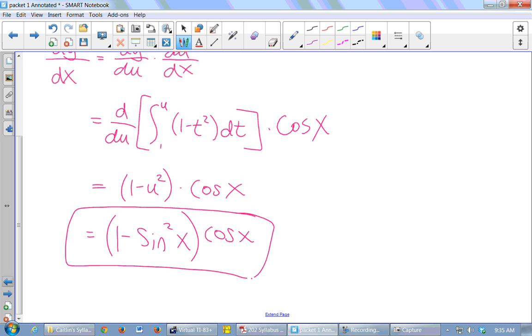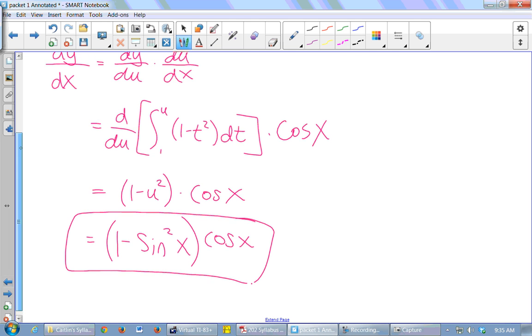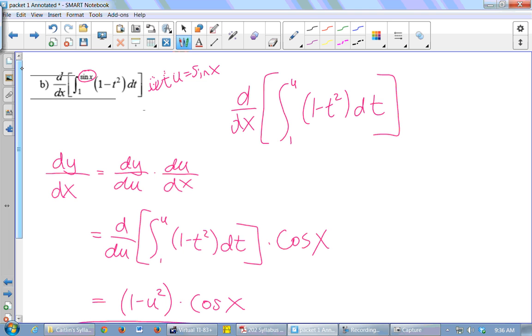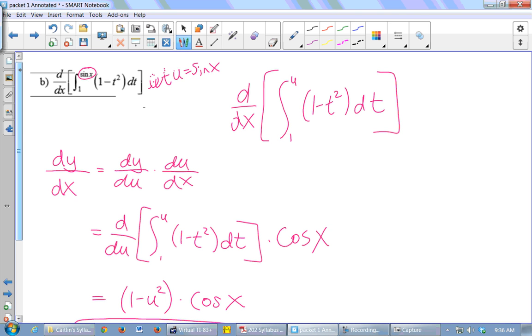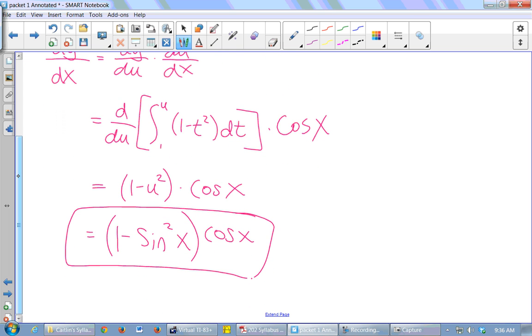It's tricky, right? Pulls a lot of things together. Chain rule. Derivative formulas, chain rule, and this new thing we just learned, fundamental theorem part 2.